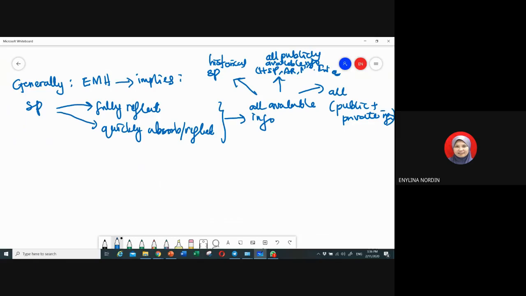And then what is the implication when the stock's price reflects this information?